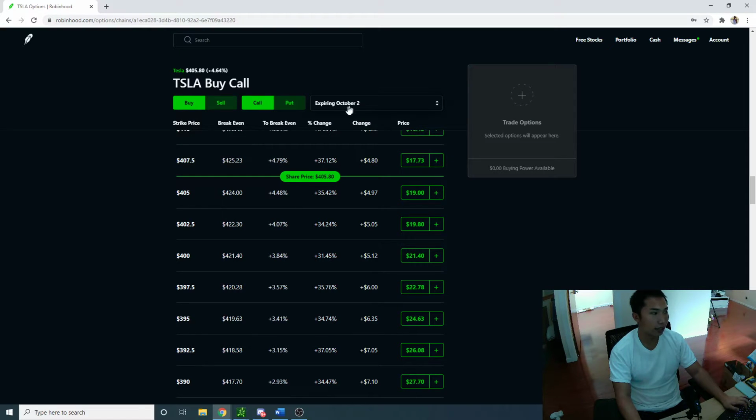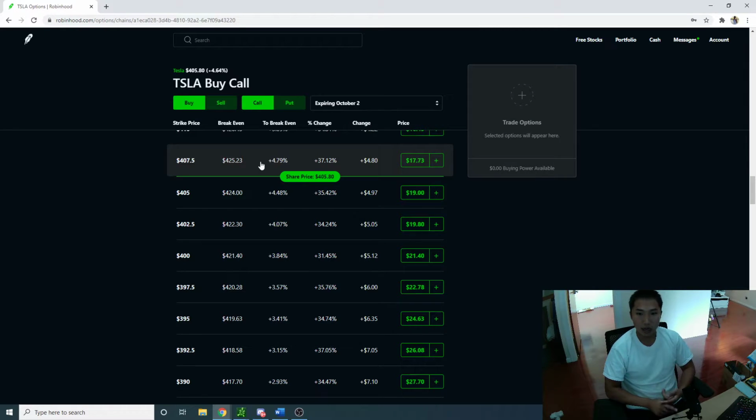So on this date, if Tesla is at 425.23 and you exercise your contract, you wouldn't be at a win or at a loss. So that's also very important to remember, especially if you plan to exercise the contract. A lot of options traders don't actually exercise the contracts and just ride the premium wave up or down for puts.